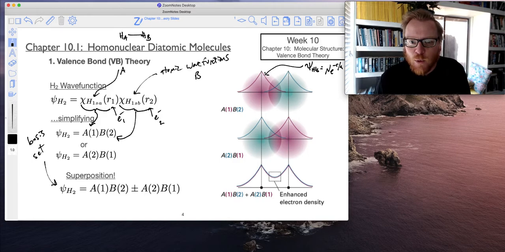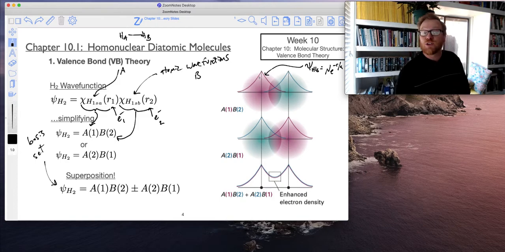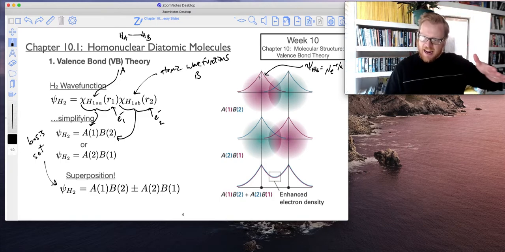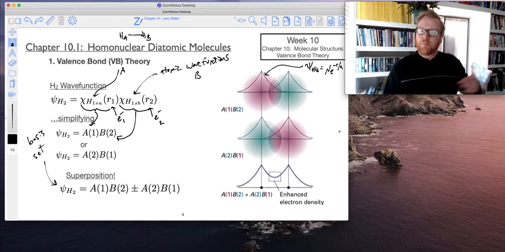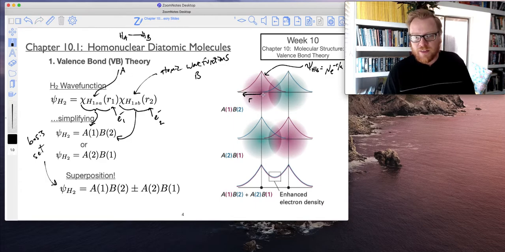The decay we're seeing right here is how the wave function decays for positive radii going out this way. I'm going to erase that so that it's not confusing. And then on this side right here, this also shows you the wave function decaying out to negative radii, because we have a sphere. So it can be noted with sphere radius going this direction or sphere radius going this direction.